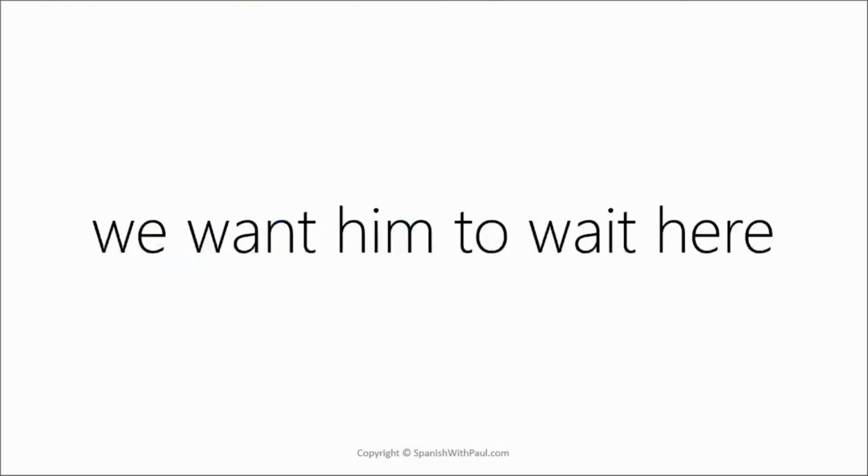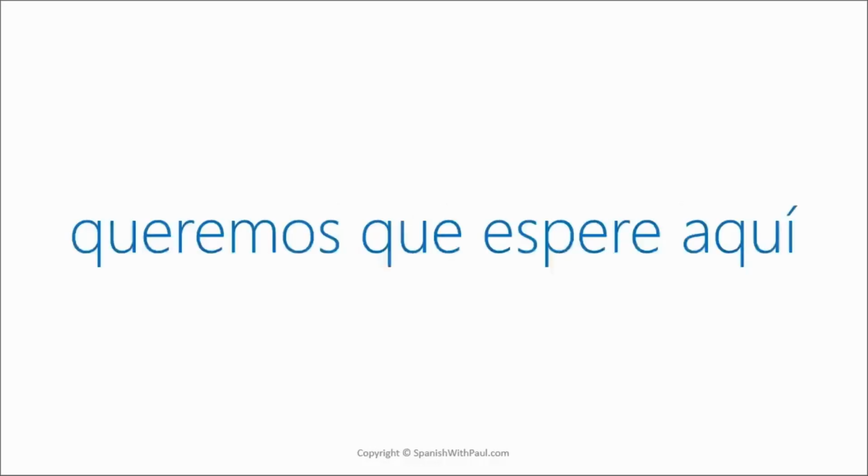What about, we want him to wait here? How would you rephrase that in English? We want that he waits here. Now translate it into Spanish. Queremos que espere aquí.